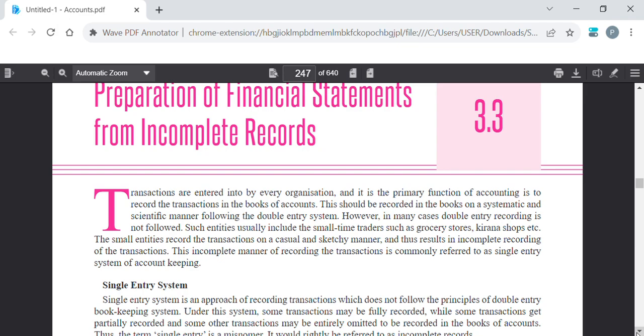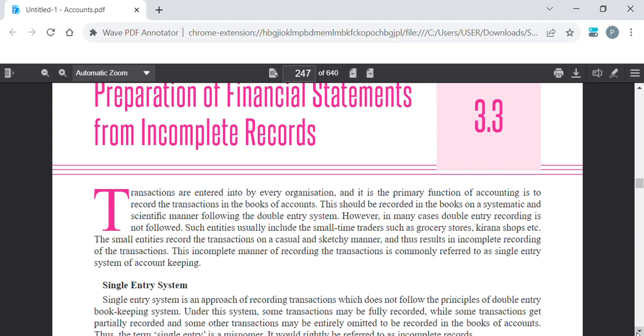This should be recorded in the books in a systematic and scientific manner, following the double entry system.